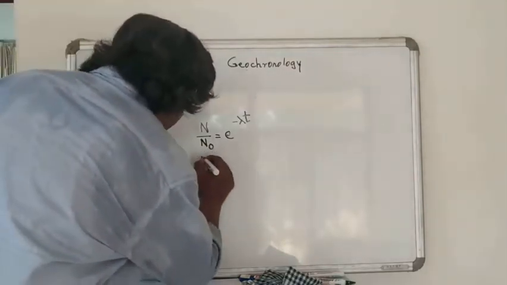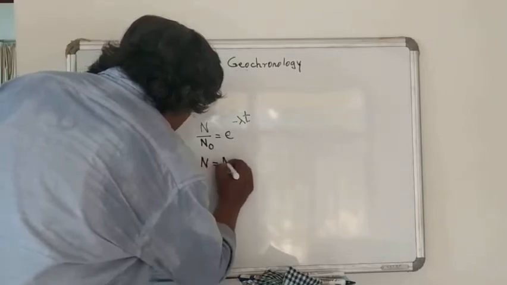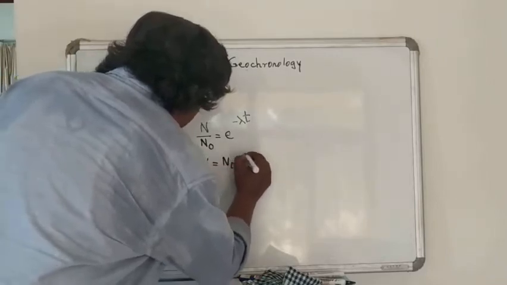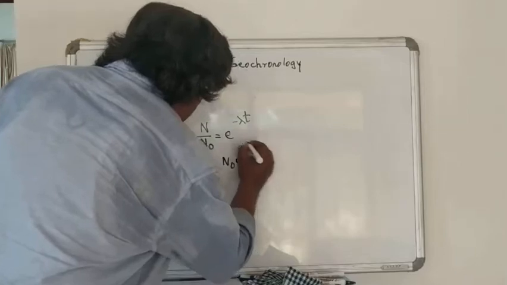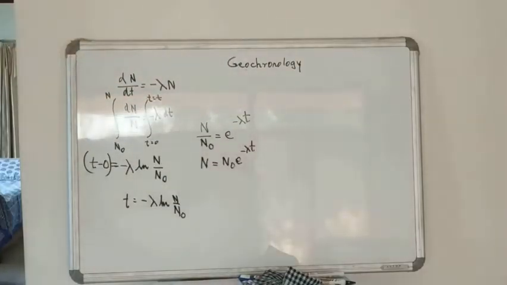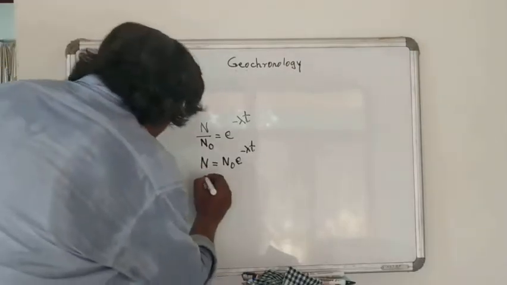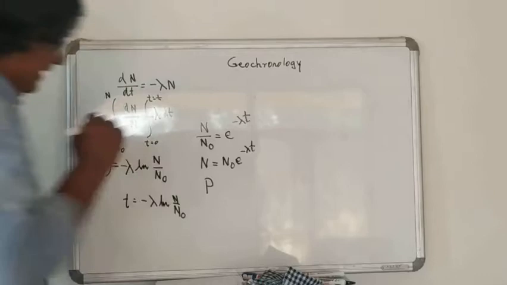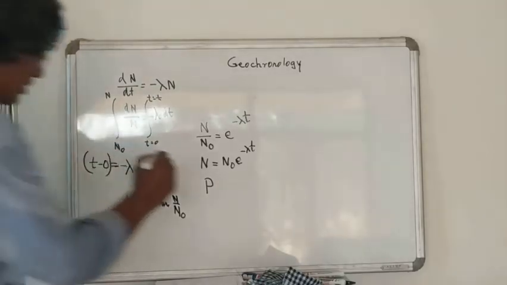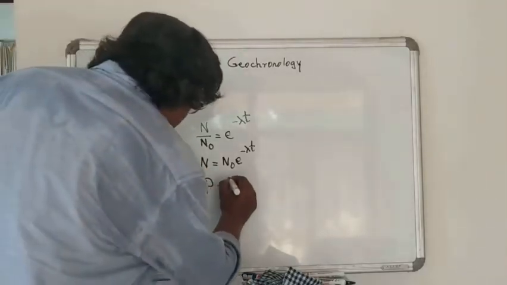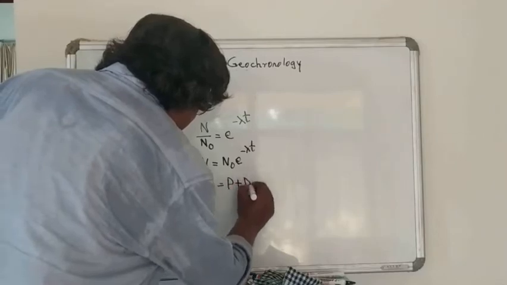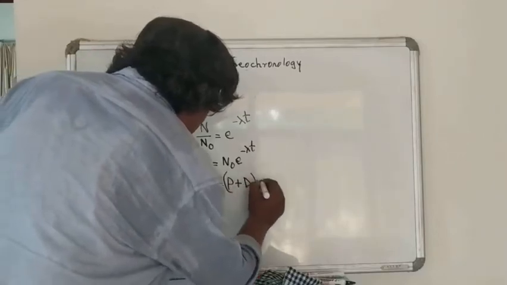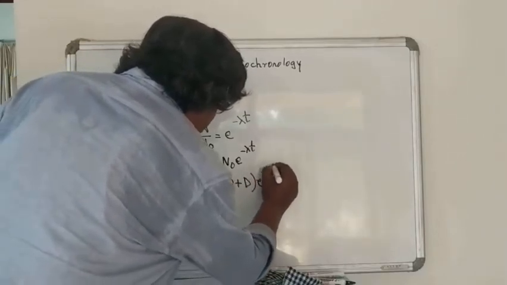Or we can write N is equal to N0 into e to the power minus lambda t. Now if you go back and check, essentially your N is nothing but the number of parents, and your N0 is equal to parent plus daughter, into e to the power minus lambda t.